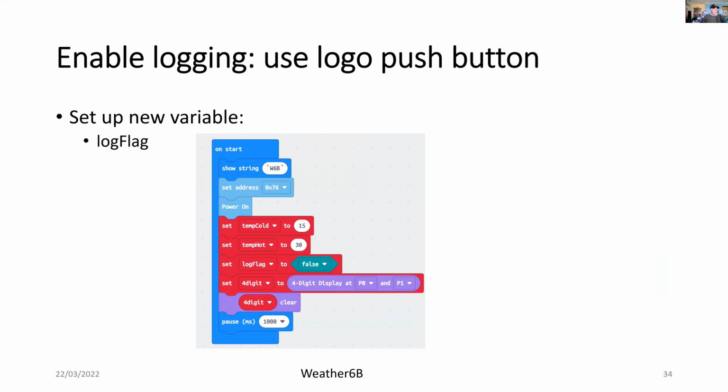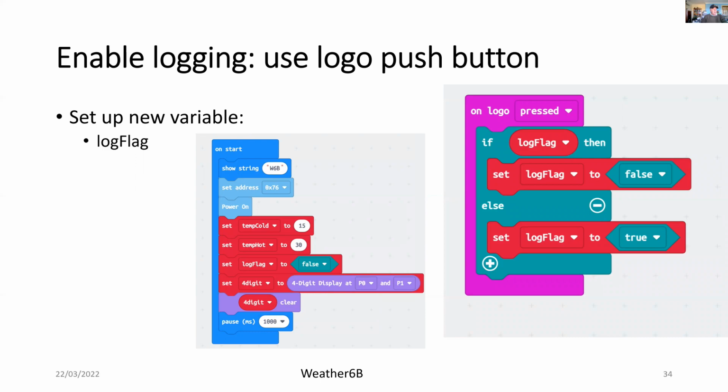We set a new variable. So you need to create a new variable called log flag, and we'll set that to false on startup. So that's the only additional command or statement that you add to the on start block.